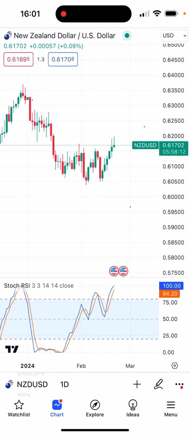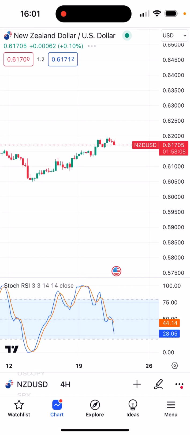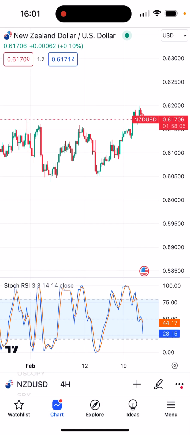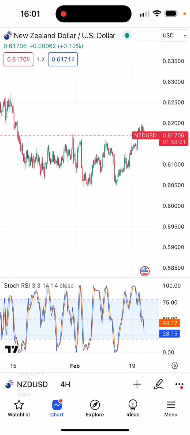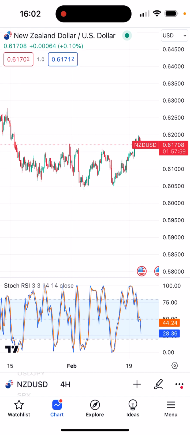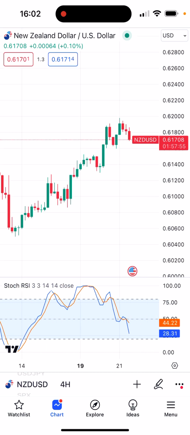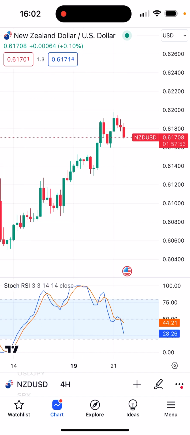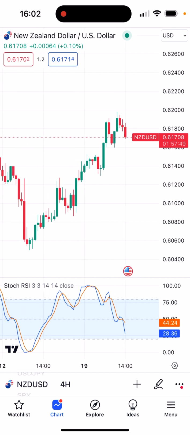But if you look at your 4-hour time frame, scroll down to 4 hours. On your 4-hour time frame, we are in a downtrend, but sometimes you will see something like this happening, especially if you go down to even 1 hour, but let's just stick to 4 hour for now.